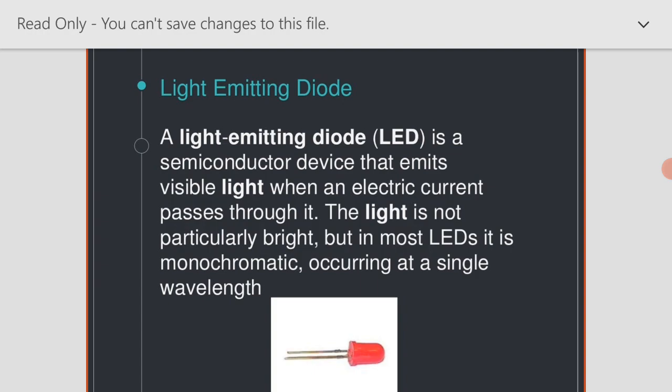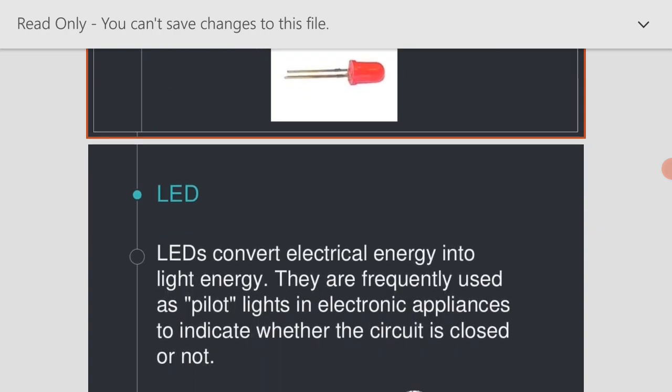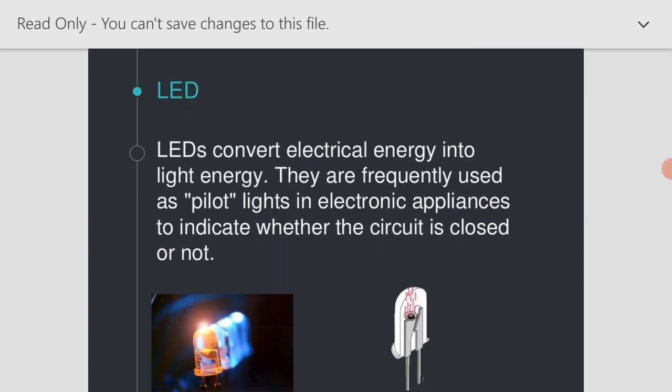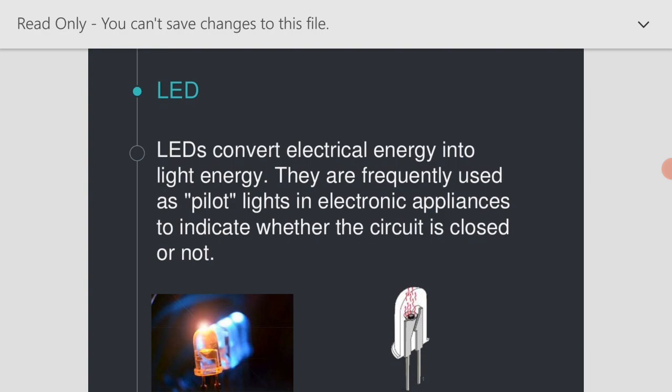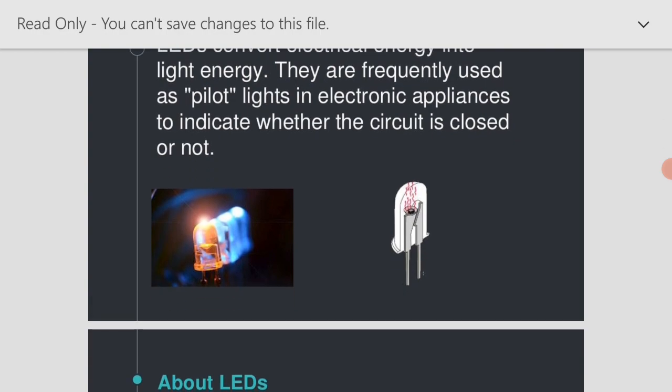The light is not particularly bright, but in most LEDs it is monochromatic, occurring at a single wavelength. LEDs convert electrical energy into light energy. They are frequently used as pilot lights in electronic appliances to indicate whether the circuit is closed or not.